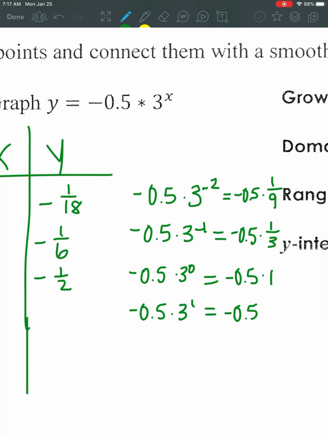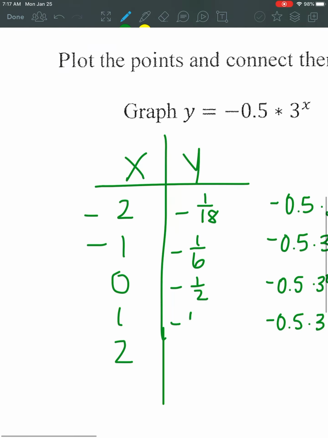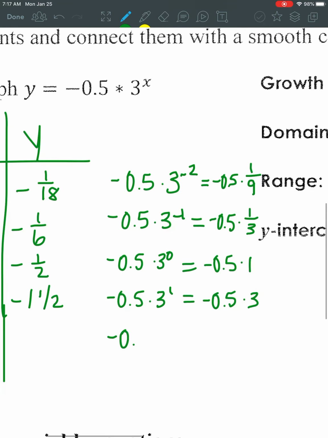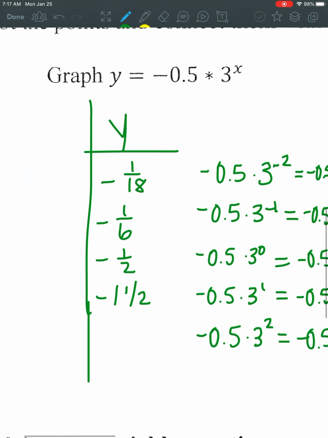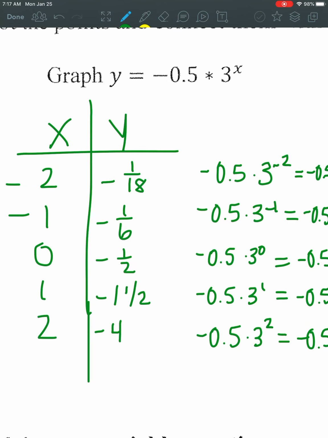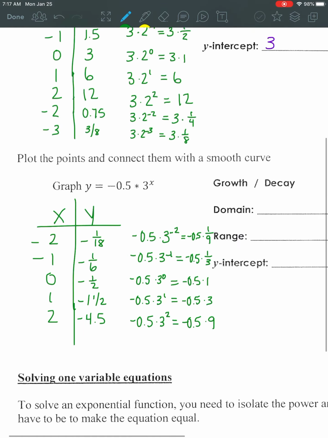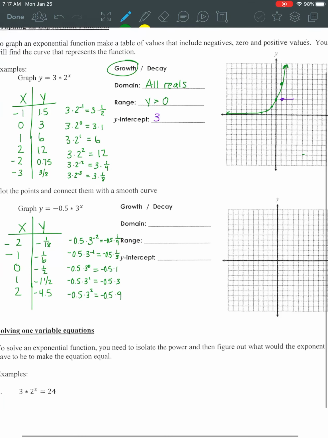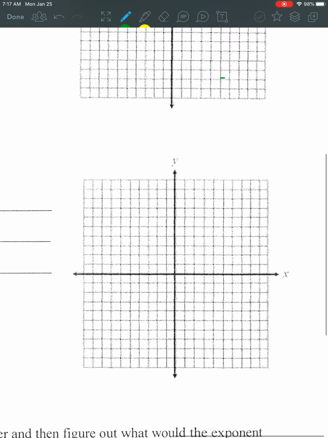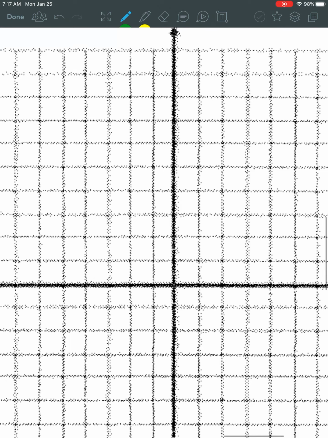Plug in 1, so negative 0.5 times 3, so we get negative 1.5. 2, so 3 squared is 9, so negative 0.5 times 9, half of 9 is negative 4.5, and you're going to see it's going to drop pretty quickly.